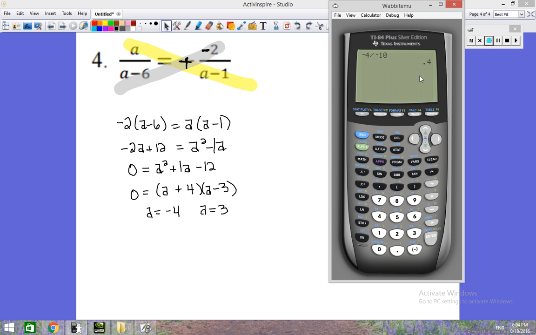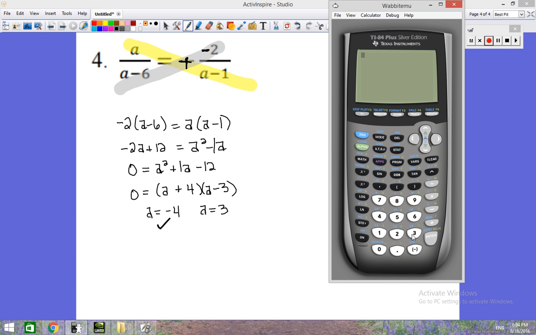So on the left-hand side I'm getting 0.4. On the right-hand side, remember we have that negative being associated with the 2. And if I plug in negative 4, negative 4 minus 1 is a negative 5. And I get 0.4. So this one checks.